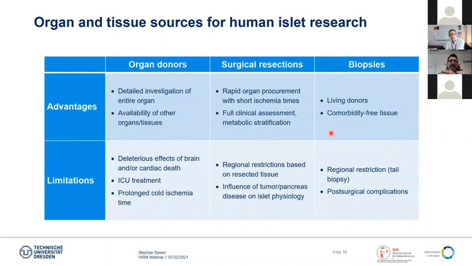I would like to point out that there are different ways to get human tissue. We know about the DiViD study and the biopsies that have been done. We know that surgical resections of pancreatectomized patients can give us tissue. And of course, organ donors that now are coming via NPOD, but also via different other networks. And all of these have advantages and limitations. And this is non-exclusive. This doesn't mean this is all.